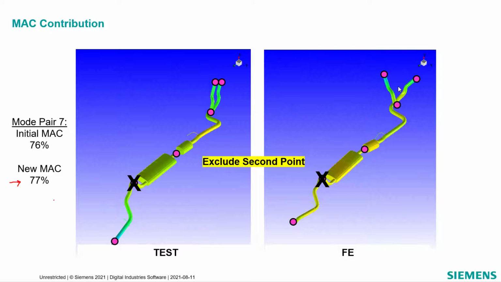What did it go up by before? 2%. So we know that this point is only a 1% improvement. We could do the same thing here. Here's a 3% improvement. Here's a 4%. Here that's a 13% improvement if we remove this one.